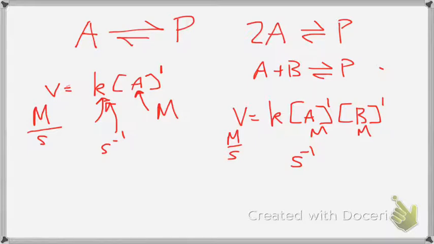But how do we get rid of one of the M's? So it's per molar per second. That's the units for k. So that way you have an M to the minus 1, which cancels out one of the other M's. That's the minus 1. So that's a second order rate constant.